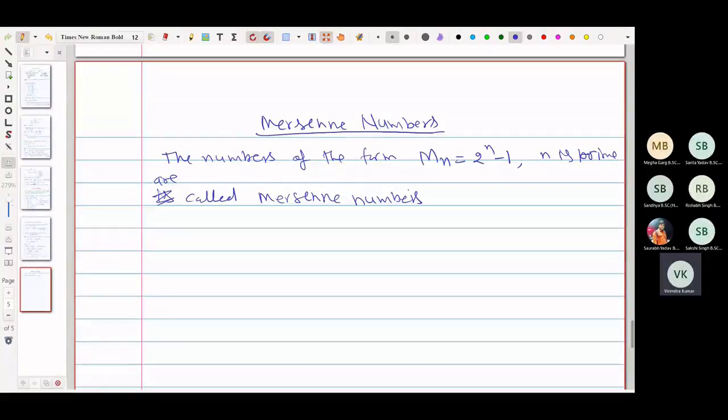Mersenne studied them around 1644, and the numbers which are prime among them are called Mersenne primes.